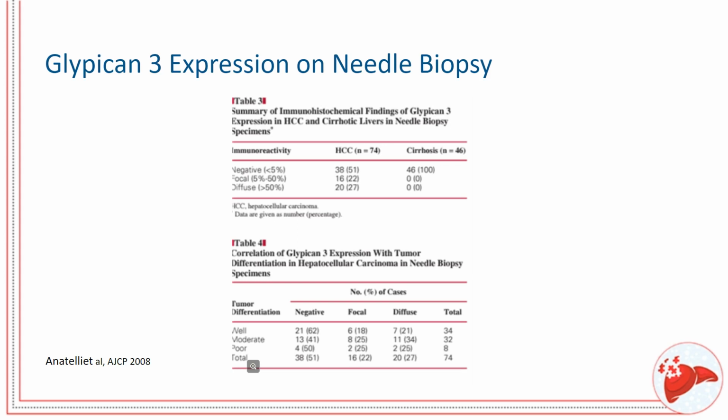Small numbers, so I don't want to overestimate those conclusions, but the important point is that on needle biopsies, a negative glypican doesn't rule out hepatocellular carcinoma, although a positive result certainly would. We support that interpretation in the context of a mass lesion, and where the other hepatocellular markers are positive as well.